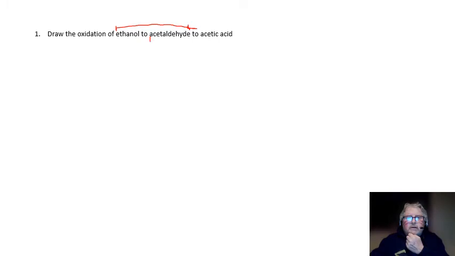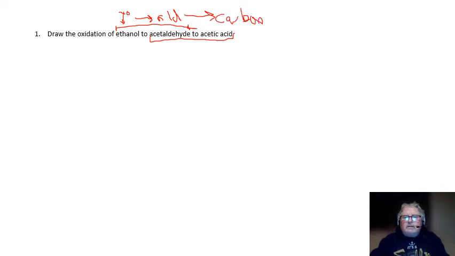You can further oxidize the aldehyde into a carboxylic acid. This is a specific example of that. You go from a primary alcohol, which gets converted to an aldehyde, and the aldehyde gets converted to a carboxylic acid. So we're going to take ethanol.